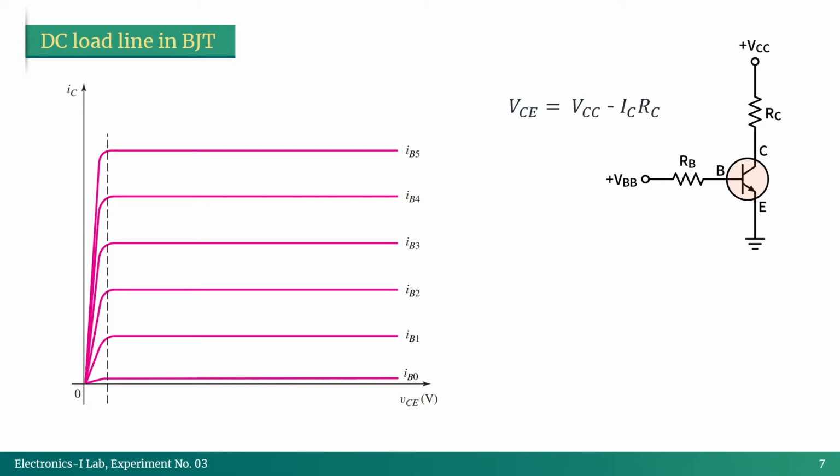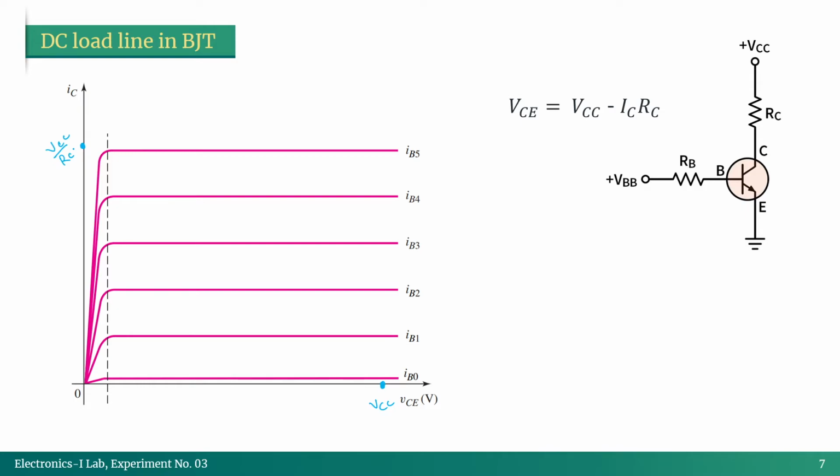Now what will happen? We have seen that in the theoretical situation we were going to get something like that. So here, this point is VCC and this point is VCC by RC, right?